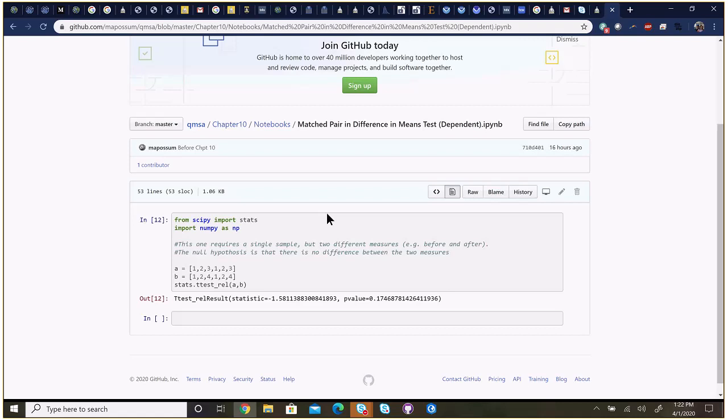So the null hypothesis is that they're equal. That there's no difference between the two, between this A and B. Okay. So that's the null hypothesis, that these two sets of data are the same.